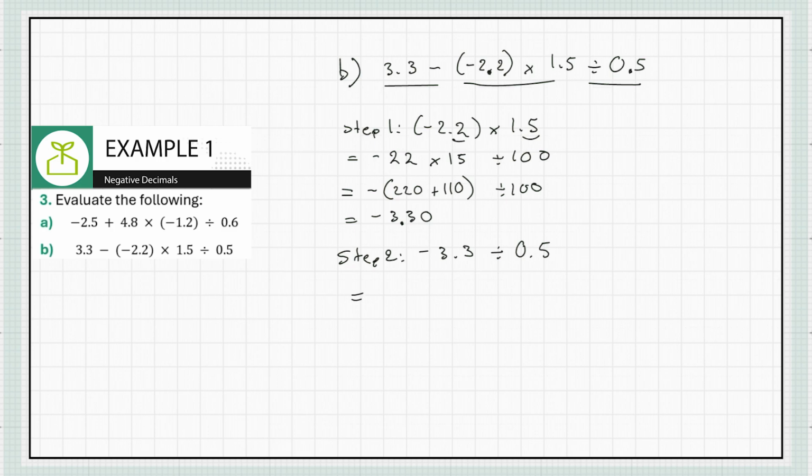So this will be equal to 33 divided by 5, which is going to be equal to minus 33, 5 into negative 33. So 5 into 33 goes 6, and then we have a remainder 3. 5 into 30 goes 6 times. So the end result is going to be minus 6.6.